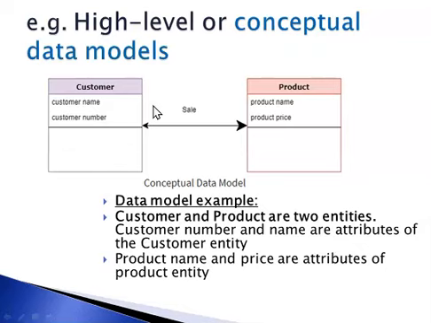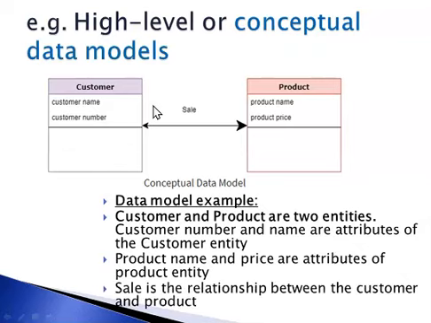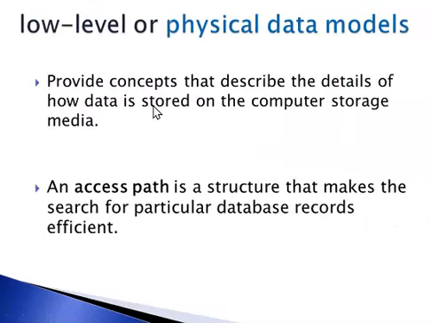Next, we see about the low level or physical data model. Concepts provided by a low level data model are generally meant for computer specialists and not for the end users. Basically it provides concepts that describe the details of how data is stored on the computer storage media.